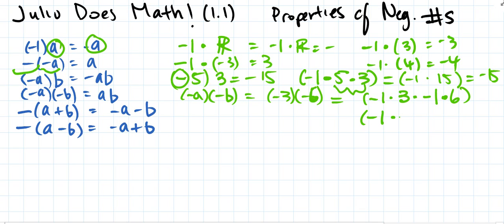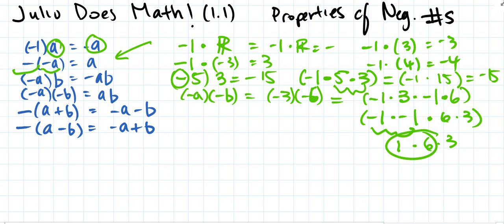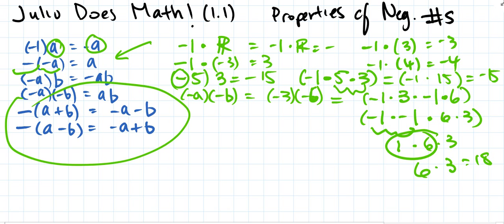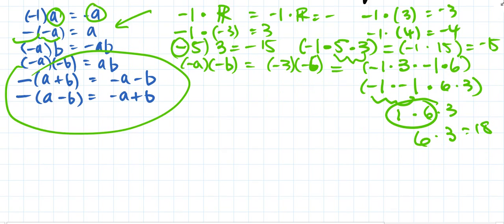Negative 1 times negative 1 times 6 times 3. Again, this is the associative property, if you recall. So negative 1 times negative 1, we use this property here. We get a positive number. We get a positive 1 times 6 times 3. Any number times 1 is 6 times 3. You get 18.